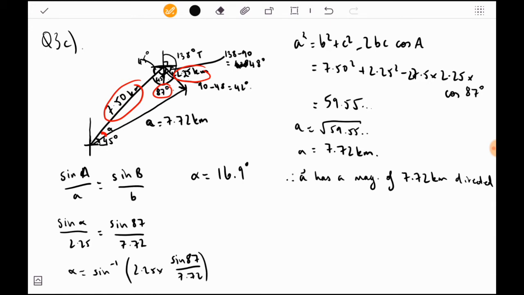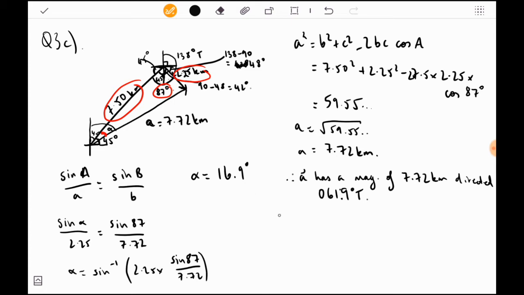Well, we know that the angle to this side here from the horizontal is 45. So if the angle from the horizontal is 45 and the angle from the vertical is 45, that means this whole thing here is 45 plus alpha, which is just 61.9, directed 061.9 degrees true.